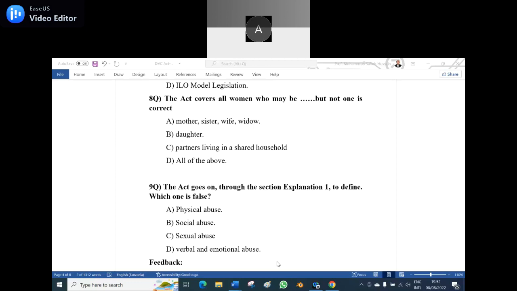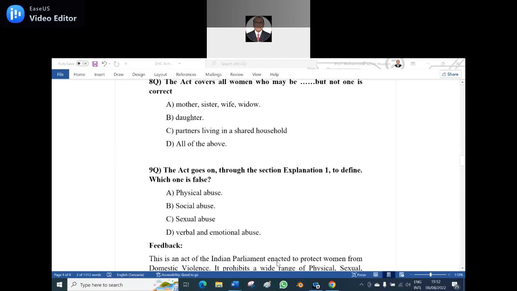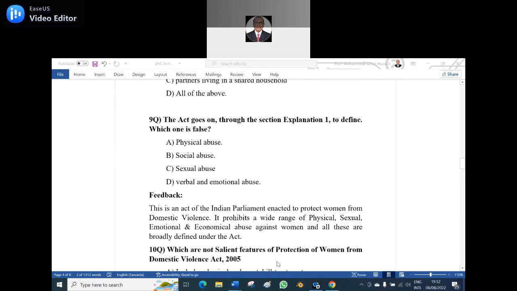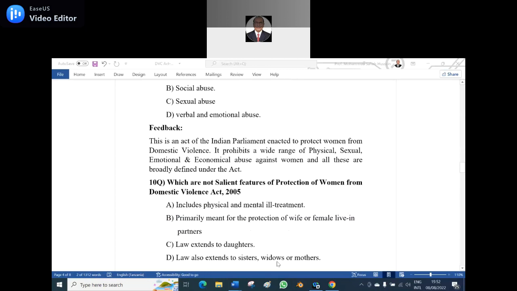Physical abuse, sexual abuse, verbal and emotional abuse, even economic abuse are covered. This is an act of Indian Parliament enacted to protect women from domestic violence. It provides a wide range of protection against physical, sexual, emotional and other abuse against women. All these are broadly defined under the Act.